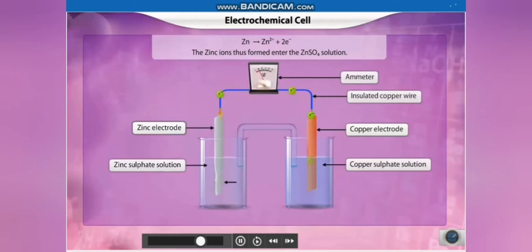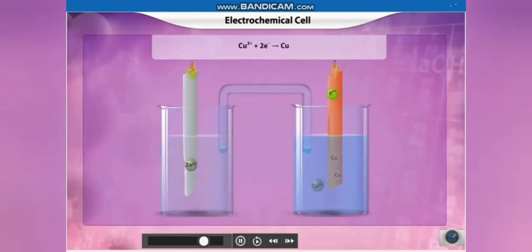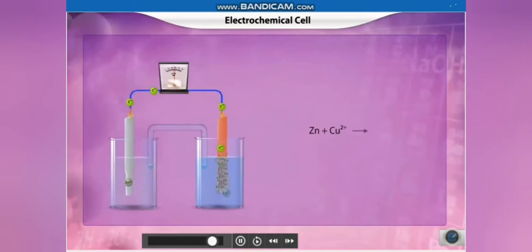When the electrons reach the copper electrode, the Cu2+ in the copper sulfate solution accepts the 2 electrons and gets reduced to copper atom. The copper atom gets deposited at the copper electrode, thereby the weight of the copper electrode increases. Hence the reaction can be written as Zn + Cu2+ giving Zn2+ + Cu.